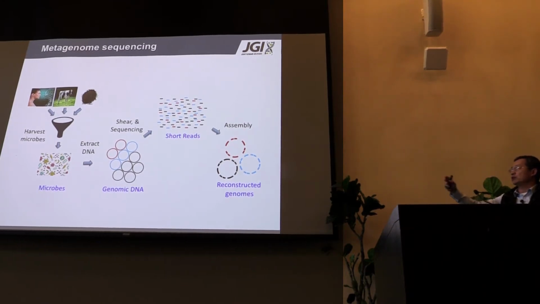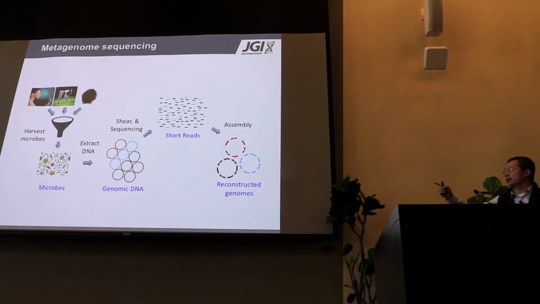We put them through a filter to get rid of the non-biological stuff, and then we're left with a collection of all these different microbes. Then we harvest DNA from these microbes, and most of them are circles. I represent those DNAs using circles. So each circle is a genome, and each color is a different species. So we're dealing with many different species, and each species has many different copies.